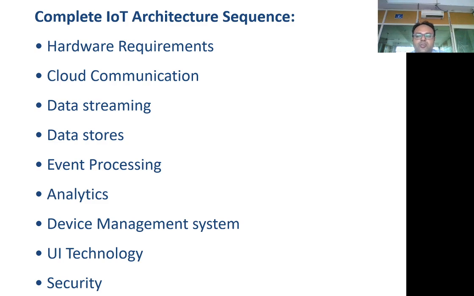Within that, you have the data streaming process, storage management, and event processing of the data you receive from the hardware, and applying some intelligence and performing some analytics over that data. You can build some UI and bring up all this analytics on your dashboard, or you can use some available tools for analytics. And finally, security is also a very important point, and it is going to be a challenge in IoT in the near future.